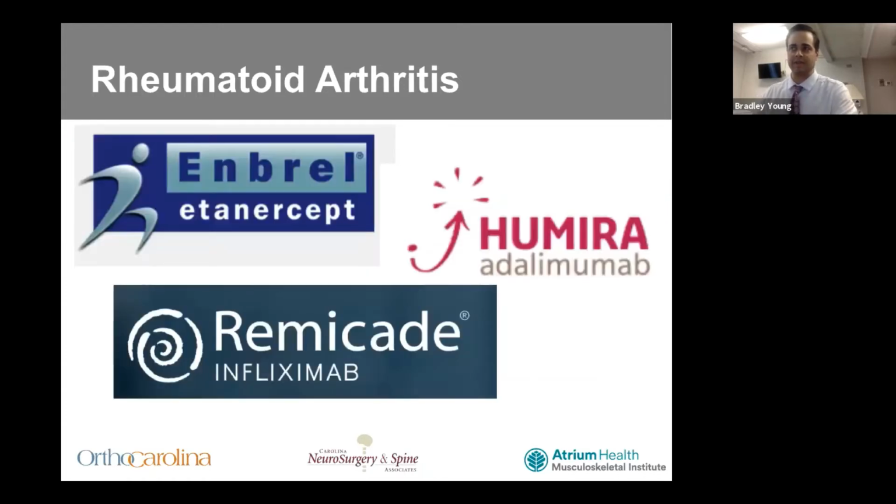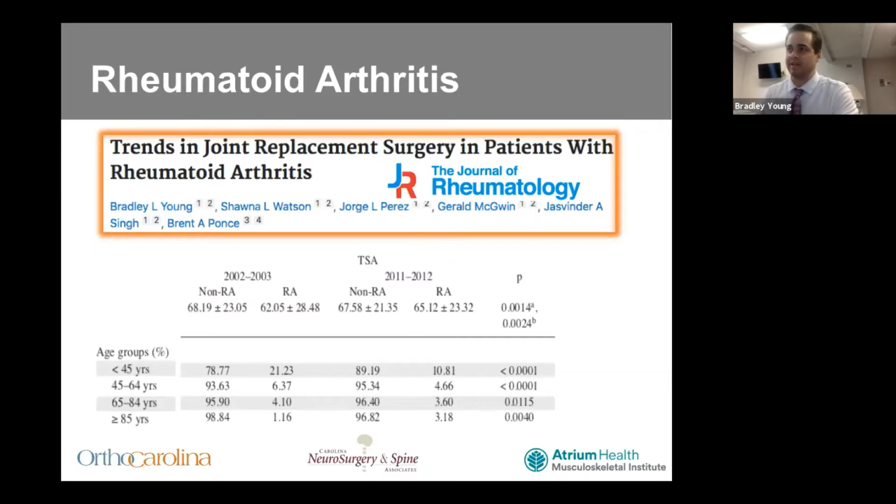All that being said, modern treatment paradigms centered around disease-modifying antirheumatic agents, or DMARDs, have given us the potential to halt rheumatoid progression in the shoulder in younger patients. This is evident in a 2018 study that found that the number of patients undergoing total shoulder arthroplasty with a diagnosis of rheumatoid decreased by 50% between 2002 and 2012.